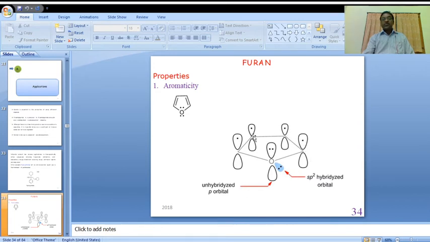All the 4 corners are carbon atoms, and here is the heteroatom. All these 5 atoms, 4 carbon atoms and 1 heteroatom, are in the same plane.